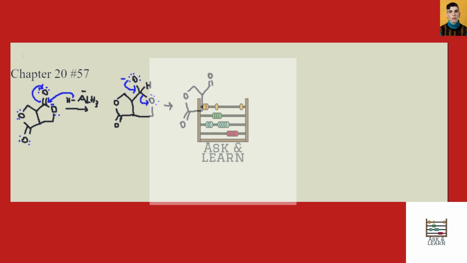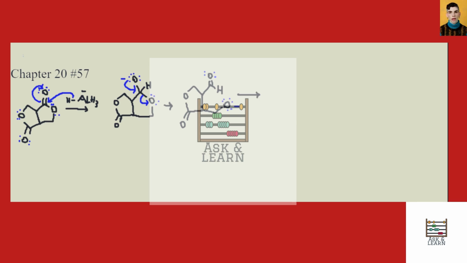So we're back to having a carbonyl here. So we have an aldehyde now. And then here we have an alkoxide. So there's our alkoxide and our aldehyde.